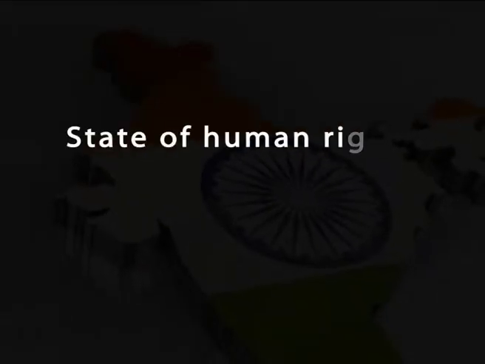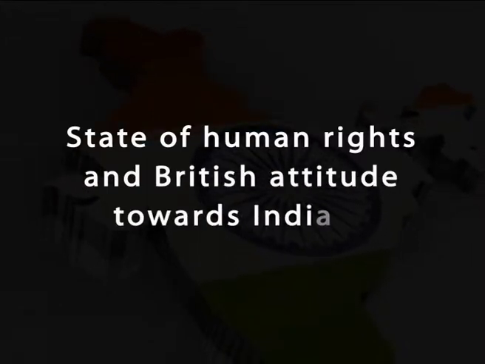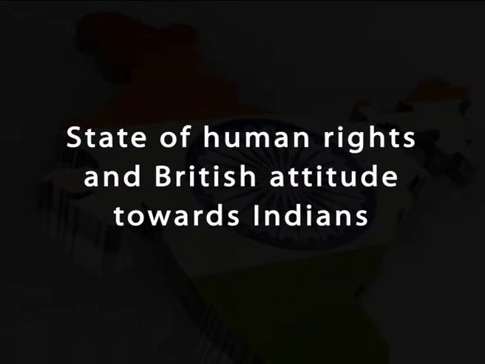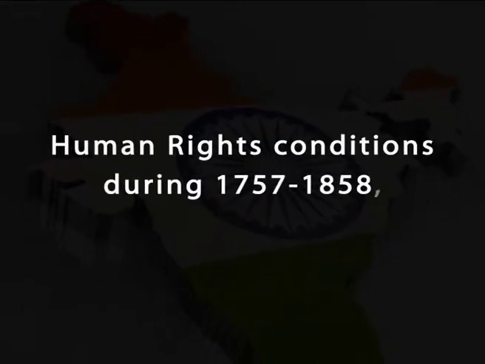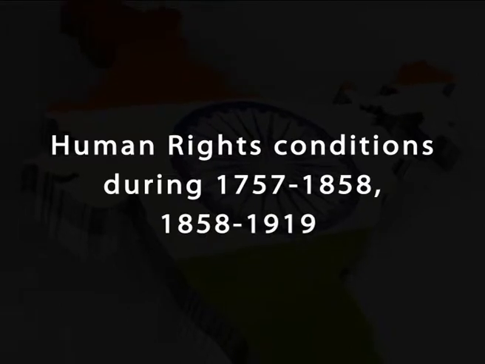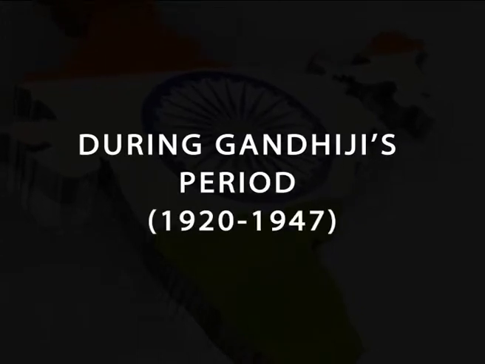For this, it is necessary to make a briefing on the state of human rights and the British attitude towards Indian human rights conditions during 1757 to 1858, 1858 to 1919, and during Gandhi's period 1920 to 1947.